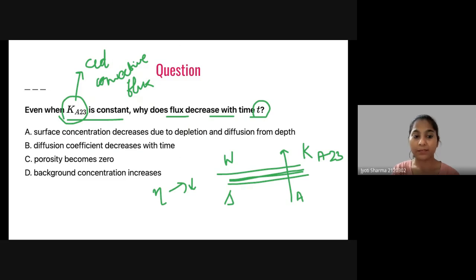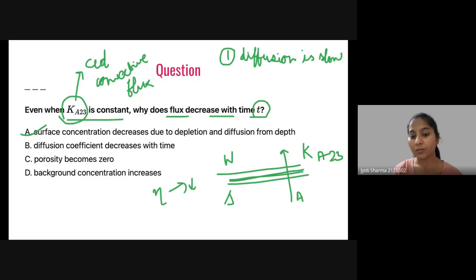The simple answer is that your surface concentration decreases due to depletion and diffusion from depth. The first thing you need to make strong in your mind is that diffusion is slow. We all know that diffusion is slow, and diffusion dominates on the sediment side.